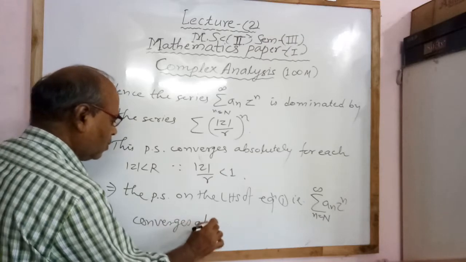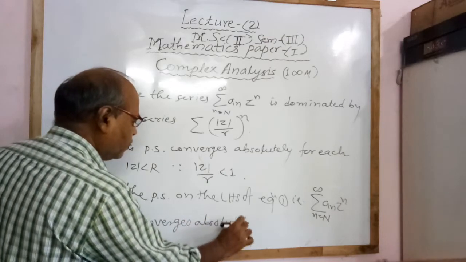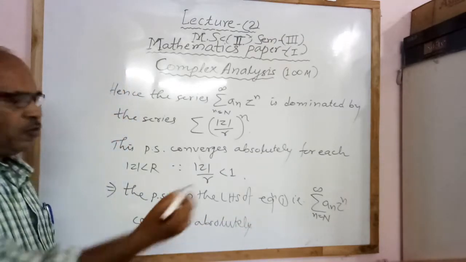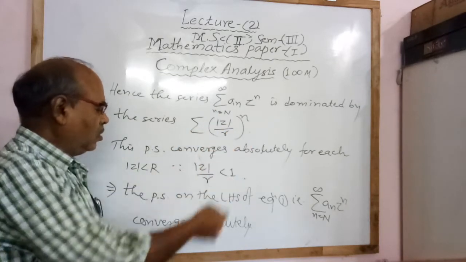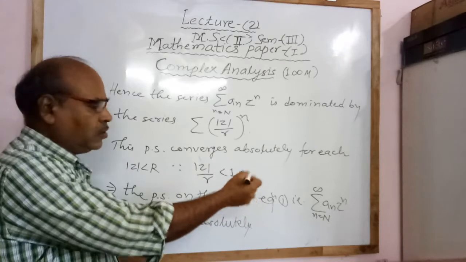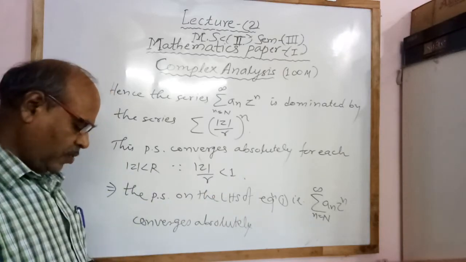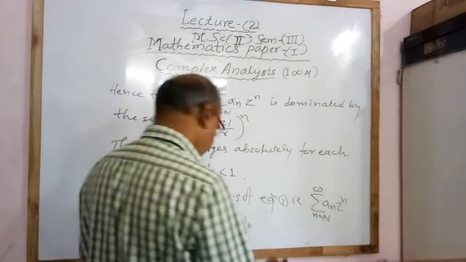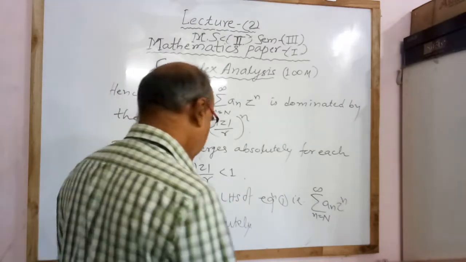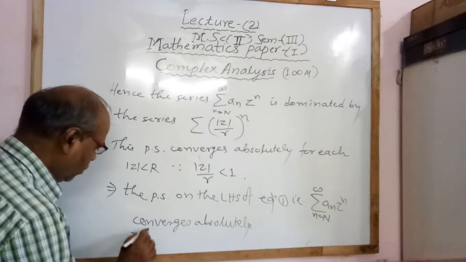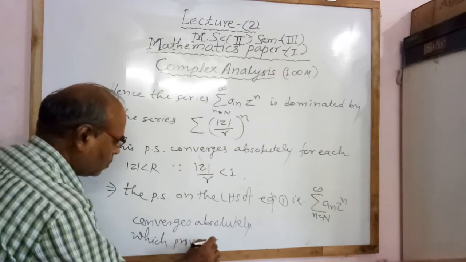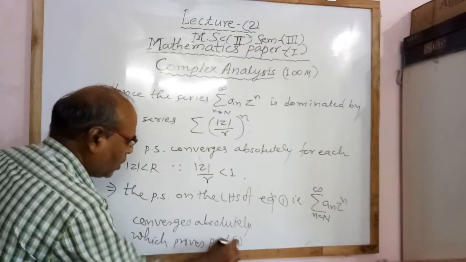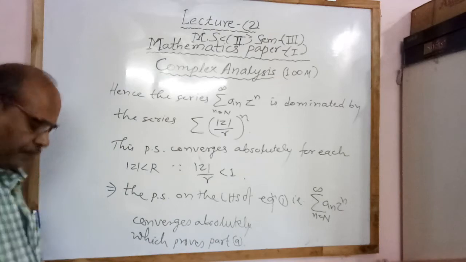This is because the right hand side series of equation 1 converges. Hence, the left hand side series summation a_n z to the power n converges absolutely, which proves part A of the theorem.